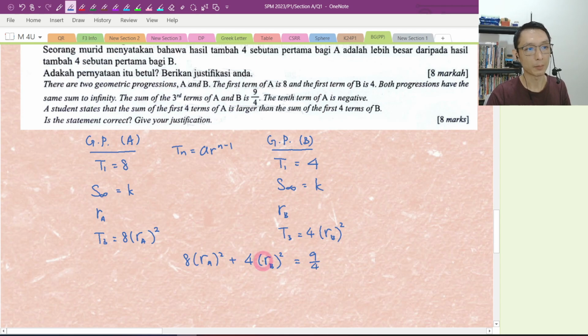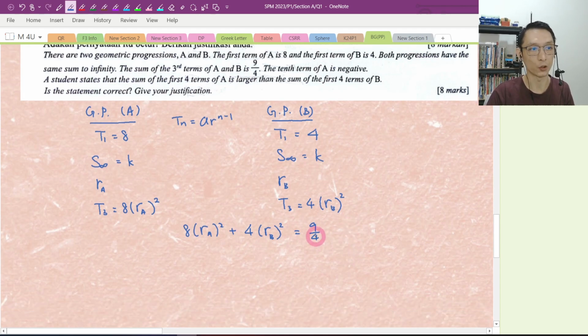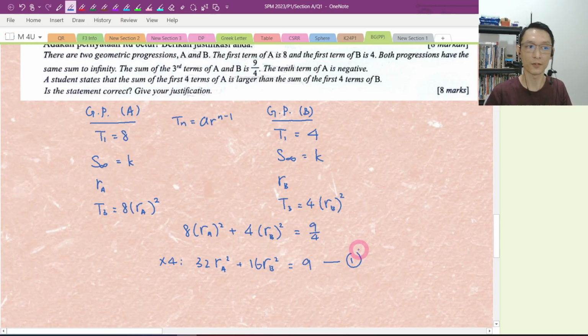Now let me multiply the whole equation by 4 so that I don't have fractions here, easier for me to continue. So here you get 32 R squared, and here also 16 R squared, but be careful, this R and this R are different, equal to 9. Let this one be the first equation.